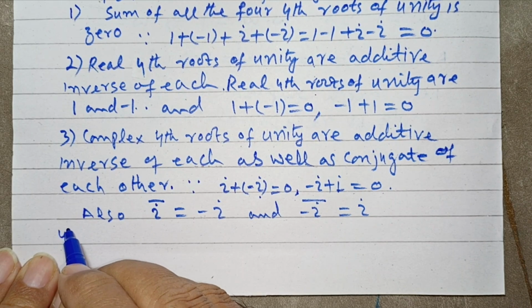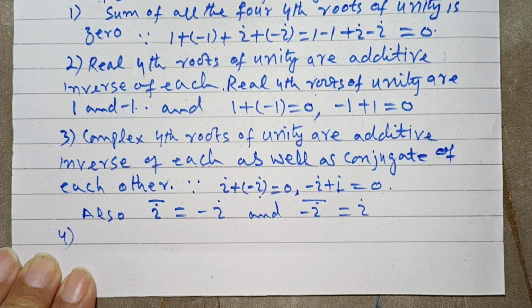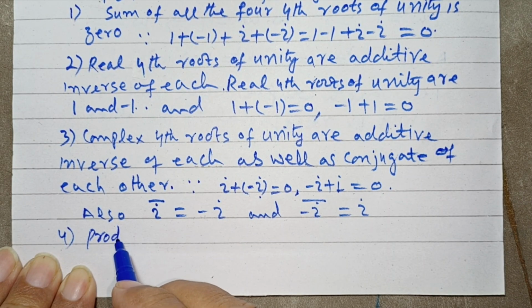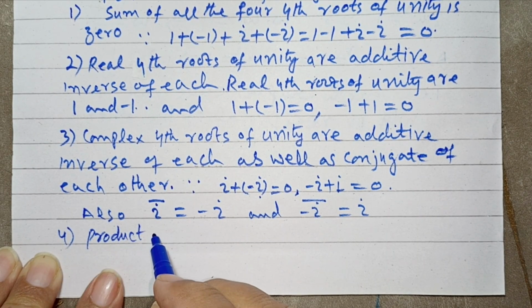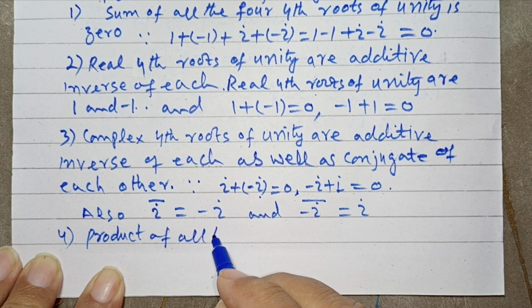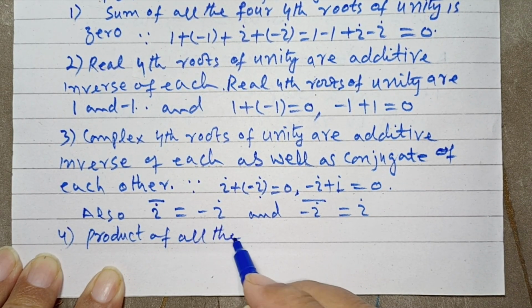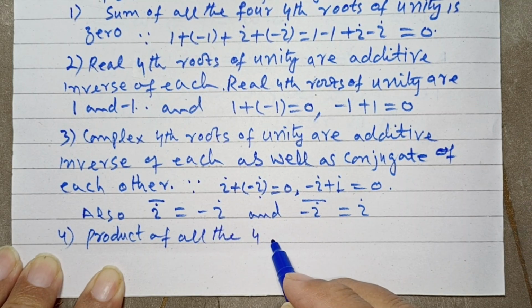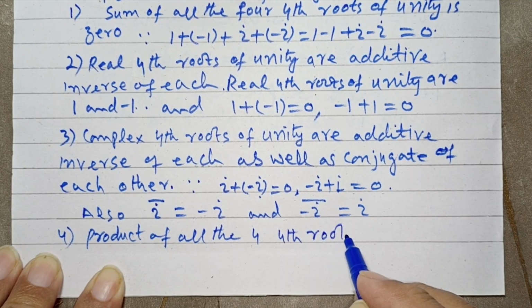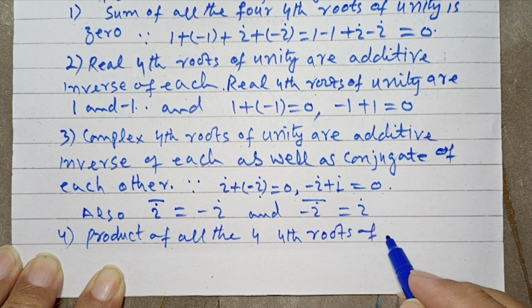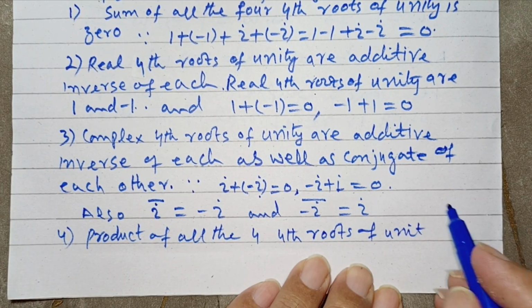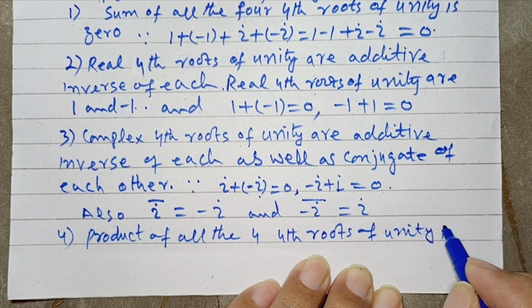फोर्थ प्रॉपर्टी है प्रॉपर्टी नंबर 4, product of all the fourth roots of unity is 1.